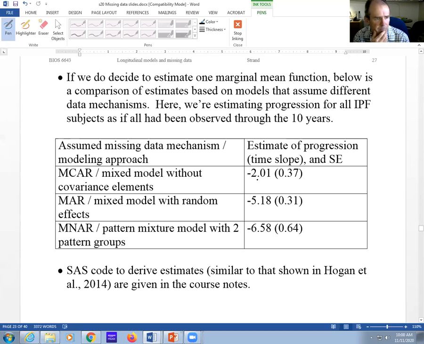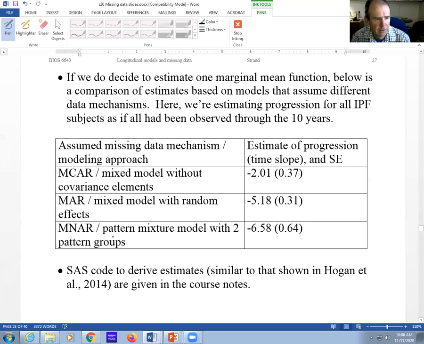I think that's per year. That's our estimate under this assumption. If we assume that we can find the right information in our data, and that might even be just adding a random intercept and slope for subjects over time, and that may do it. Then our estimate is about a 5% drop per year.